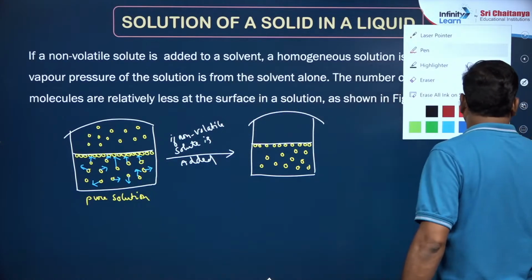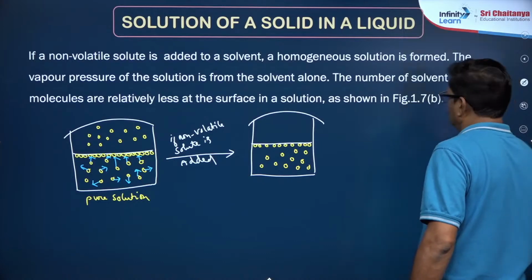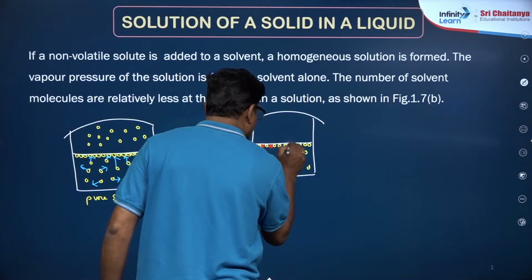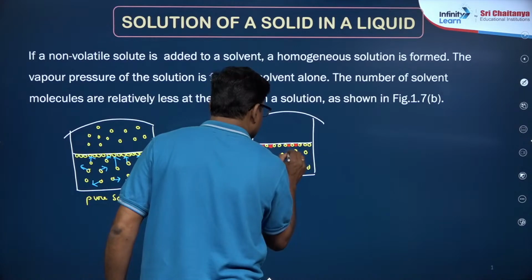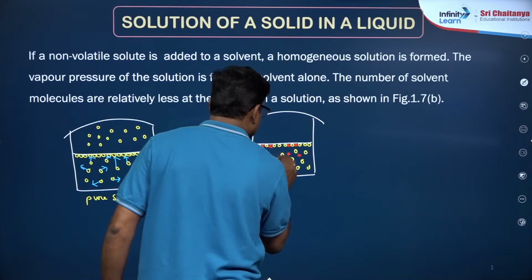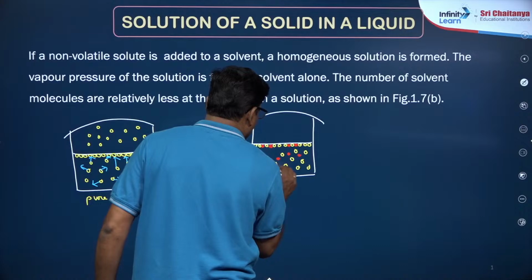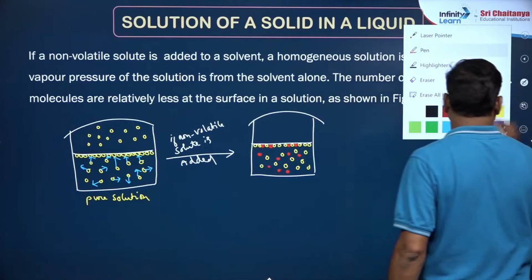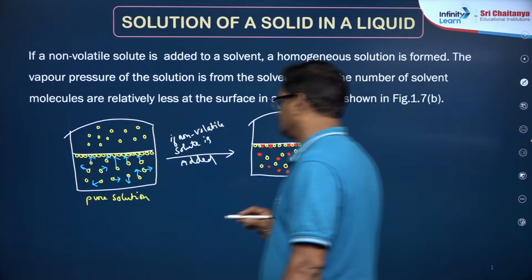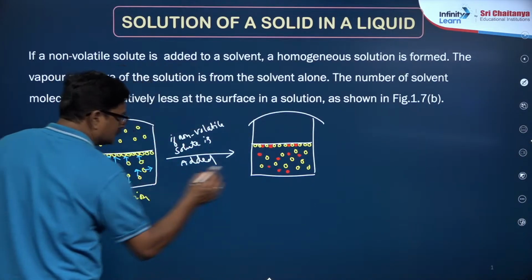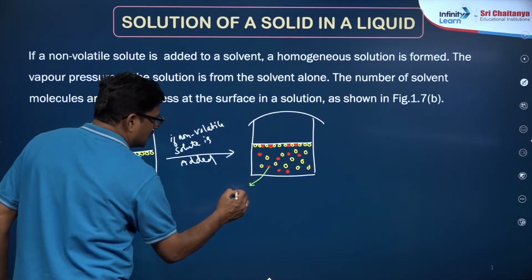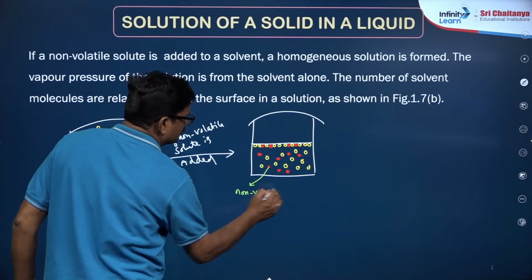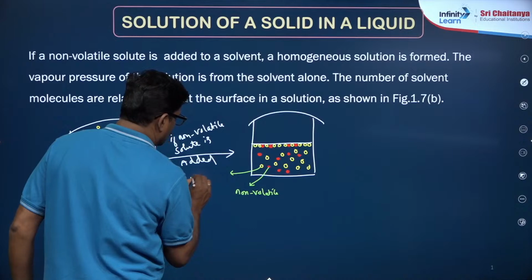Some non-volatile solute means this is a non-volatile solute. Ishita, can you see the red dots? This is a non-volatile solute. This is volatile liquid.